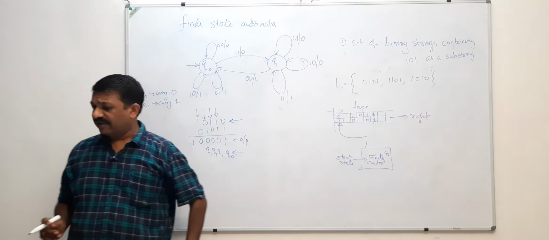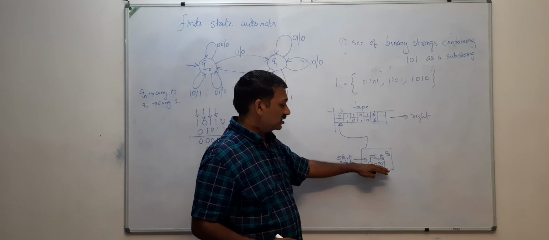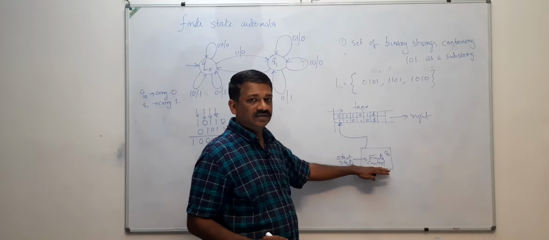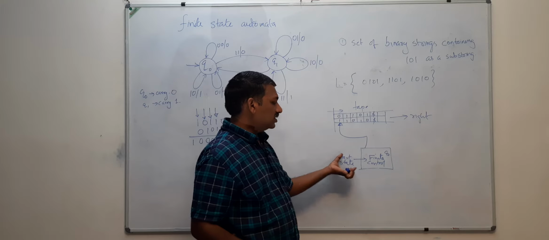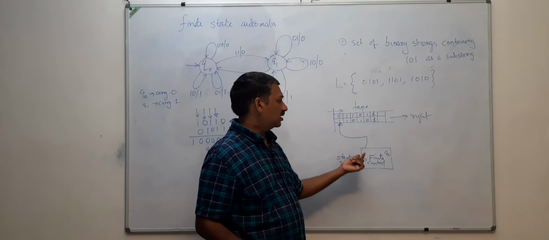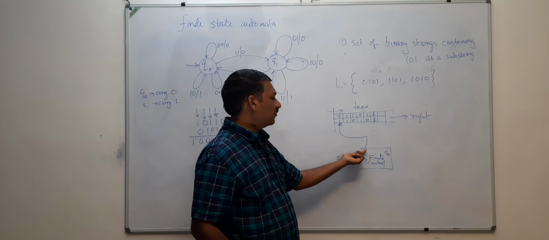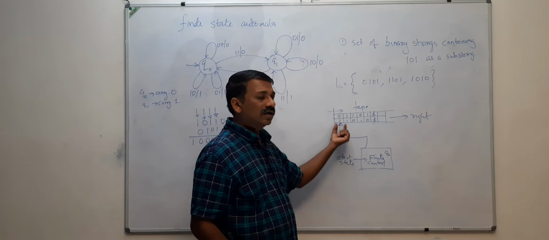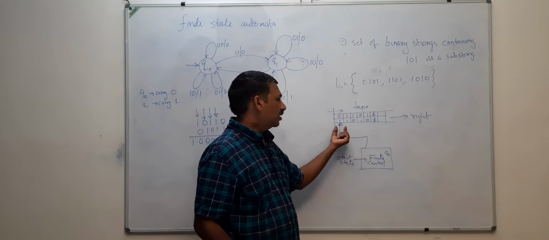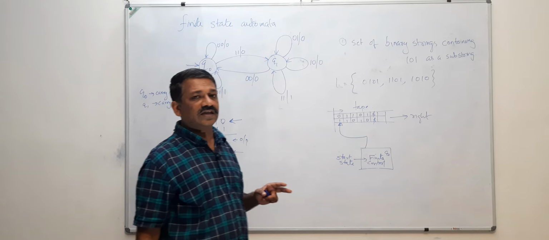Now a finite state automaton has a finite control. A finite control is always in a state, and initially that will be the start state. Initially the input is printed on the tape, and the finite control has a tape head reading the contents of the tape. This is a logical machine; we don't have any physical machines.